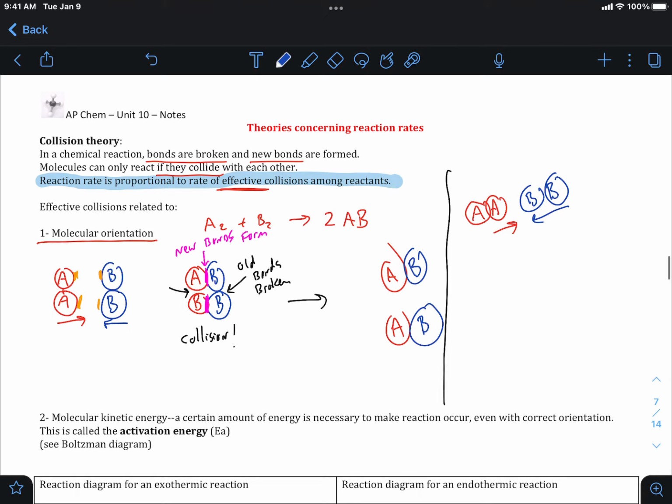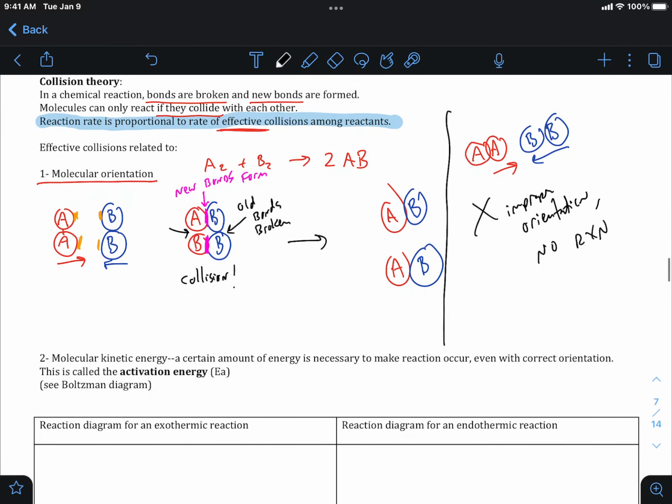So this will be unsuccessful, or it's improper orientation. Okay, so alignment is important.